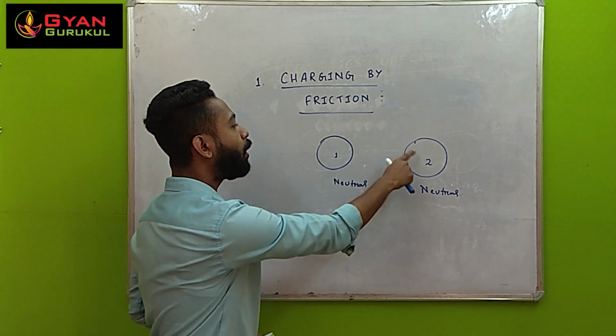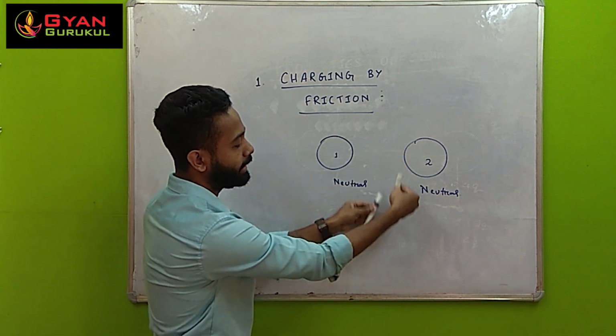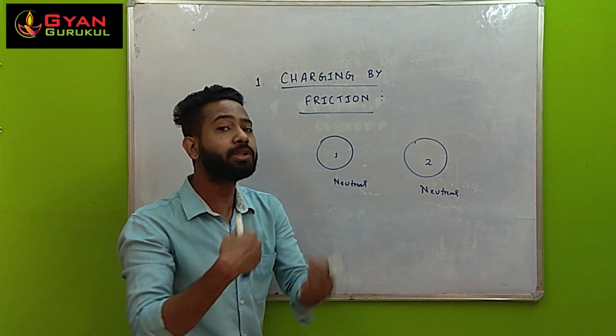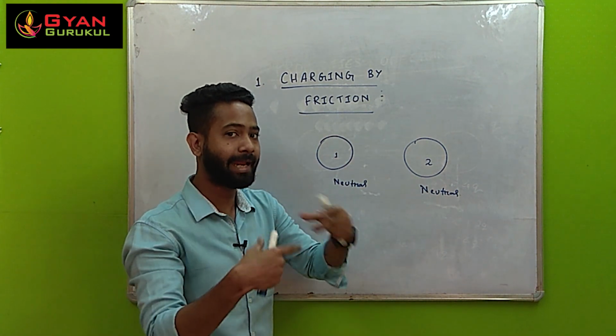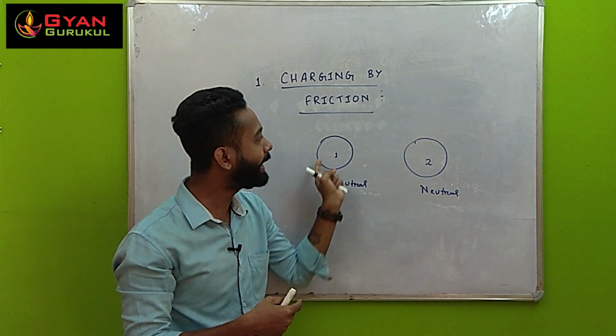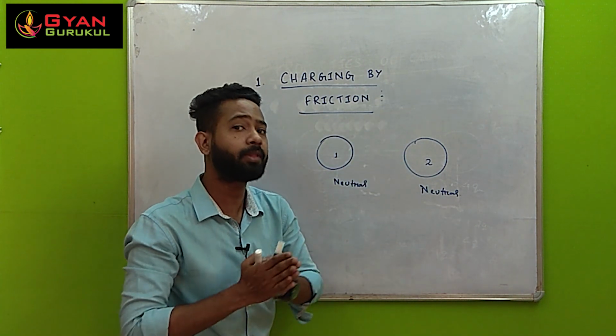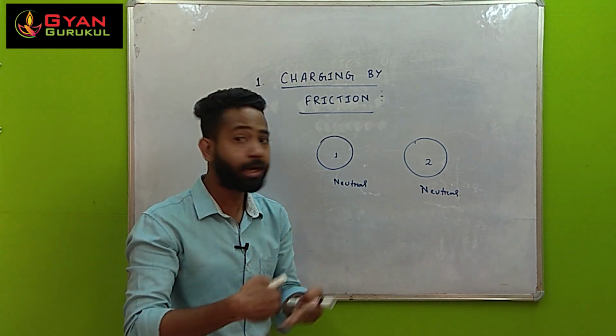When these two bodies rub across each other, one of the bodies would lose electrons, and those electrons lost by one body will get transferred to the next body. That is because we learned one of the properties yesterday, that charges are transferable.